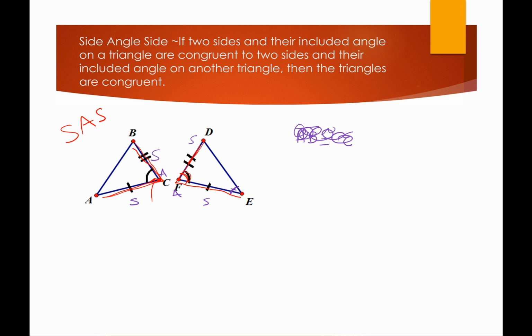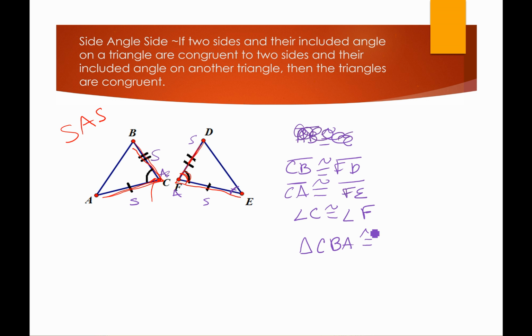I was looking at that A there. We have side CB congruent to side FD, and we have side CA congruent to side FE, and then we have our included angles, angle C congruent to angle F. Okay, so we have a side angle side, so that we can say then that triangle CBA is congruent to triangle FDE. Again, keeping our congruent angles and all of that lined up.